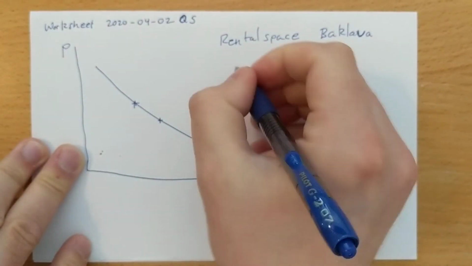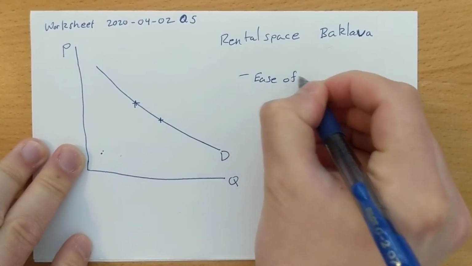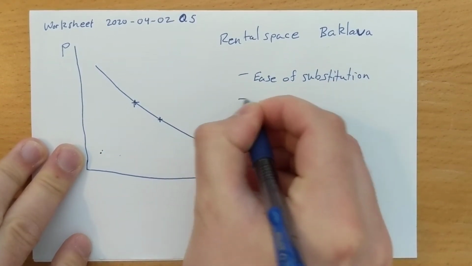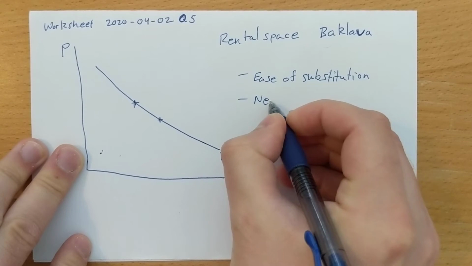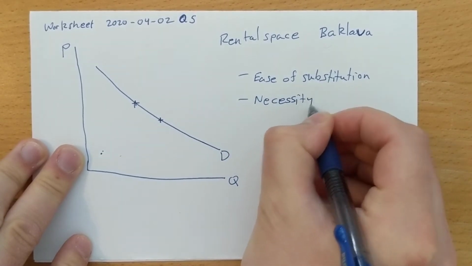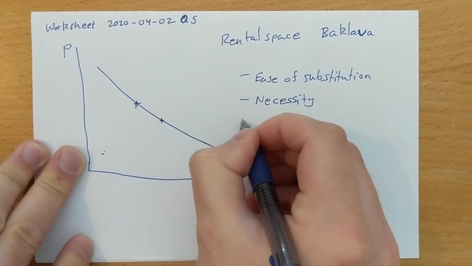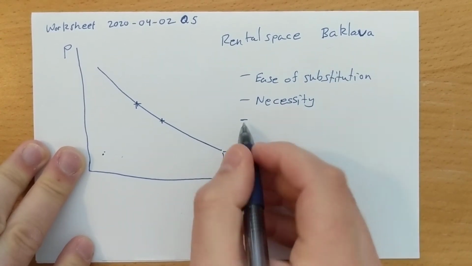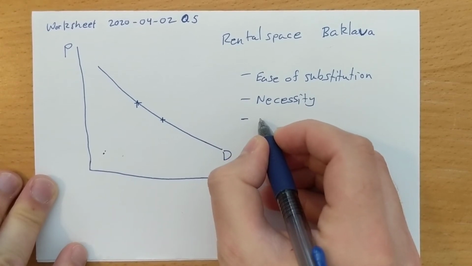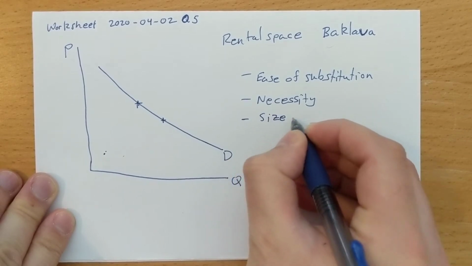Okay, so we should be thinking about ease of substitution, necessity. And the other thing we need to be concerned about, however, is the proportion of our income or our wealth that's made up with this purchase. So size of the purchase.